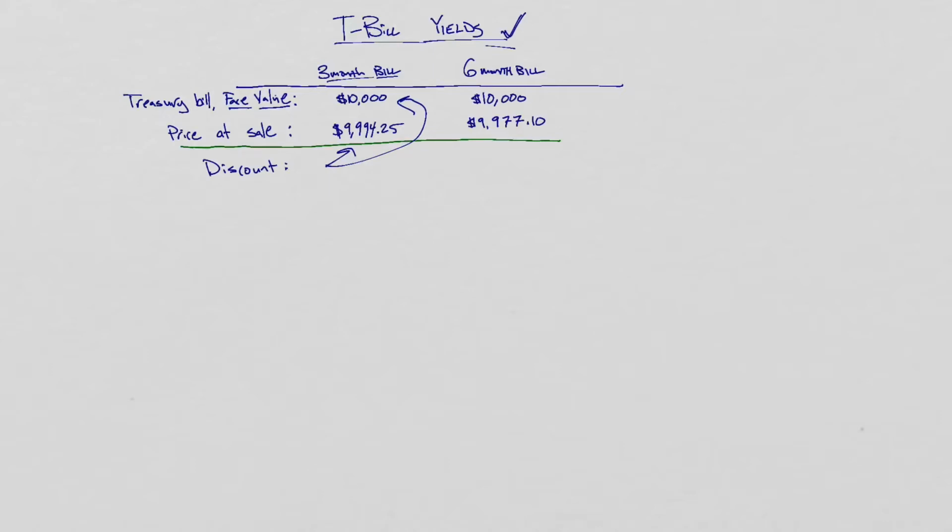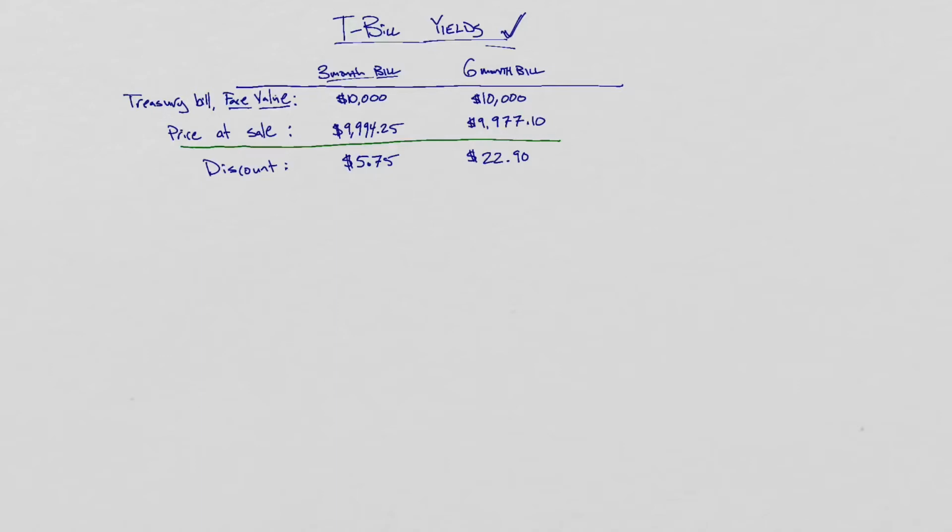So they're making a $5.75 profit, or income, if you will, on this 3-month government security. And likewise for the 6-month, if they purchase at this 9977 price, they're going to make $22.90.